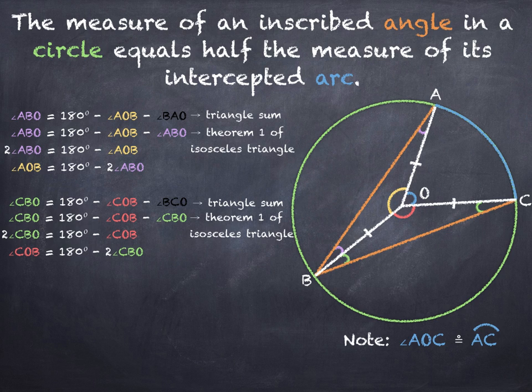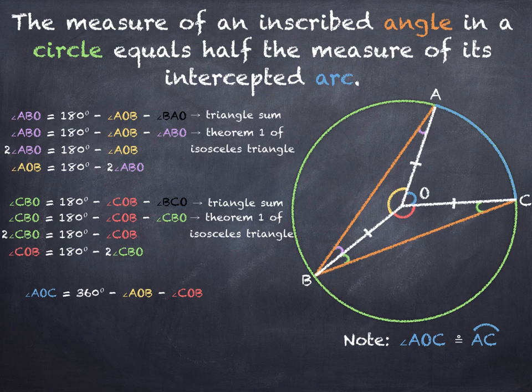And finally, to prove this theorem, we want to solve for angle AOC. Angle AOC equals 360 degrees minus angle AOB minus angle COB. But look, you can see that we've already solved for angle AOB and angle COB.